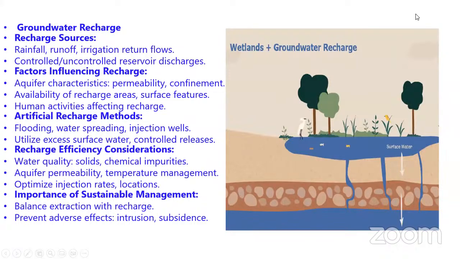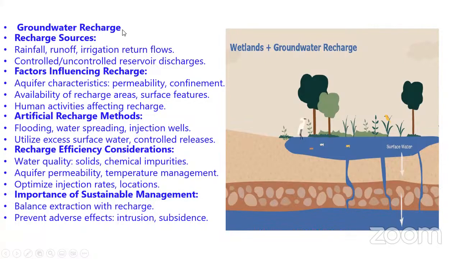Okay, now you can observe here wetlands and groundwater recharge. How will groundwater recharge occur? What are the factors and the main reasons? We will discuss that in this slide.